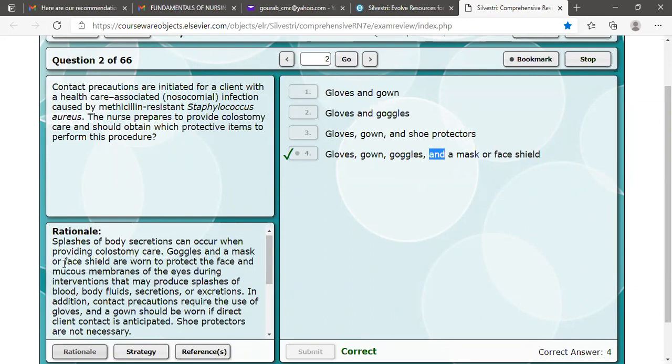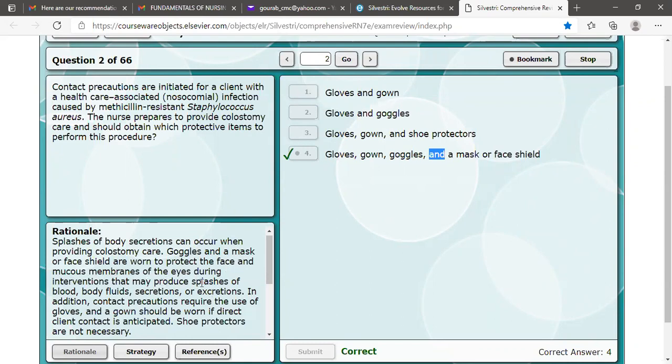Goggles and masks or face shields can also be worn to protect the face and mucous membrane of the eye during interaction with the patient who needs colostomy care.